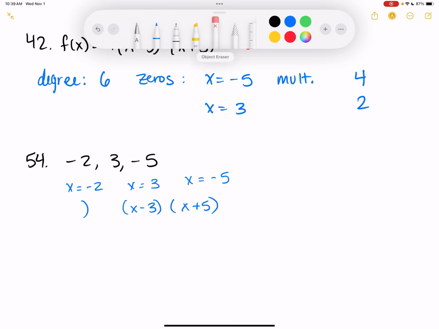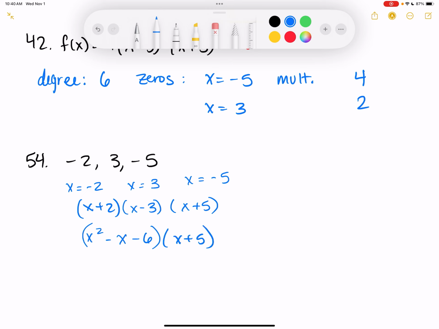Slide this one over. So then now I just simply need to superfoil and get my answer. So x squared minus 3x plus 2x, so minus x minus 6 times x plus 5.